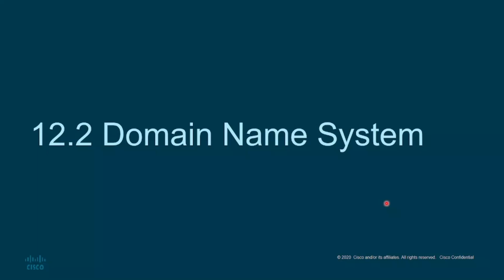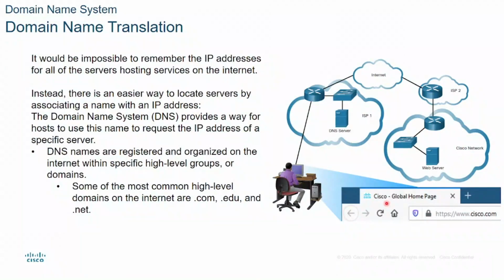Let's look at the domain name system. It would be impossible to remember an IP address for all servers hosting services on the internet. So for example, google.com has an IP address. The server actually has an IP address. So imagine where instead of typing google.com, you have to type 192.168.31.1.